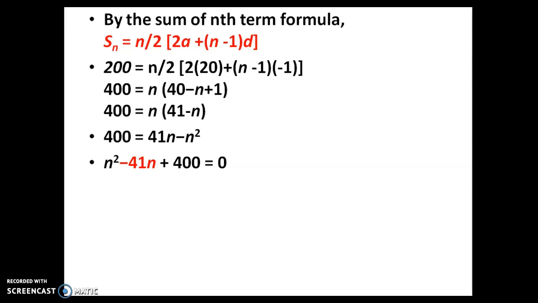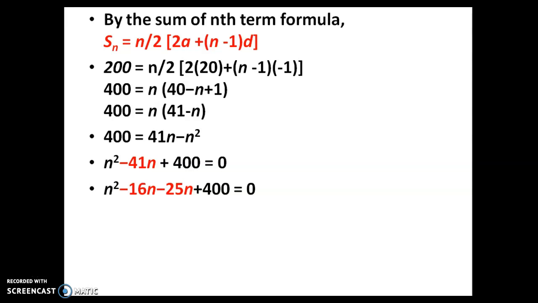So how to find n? By splitting the middle term, we can get the value of n. Minus 41 we split into minus 16 and minus 25. In the previous video I taught you how to split the middle term. Again, we multiply this coefficient and this coefficient: 1 into 400 gives 400. We get that 400 by multiplying two numbers, minus 16 and minus 25.